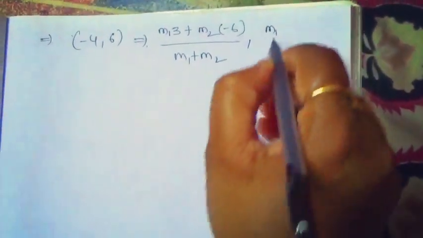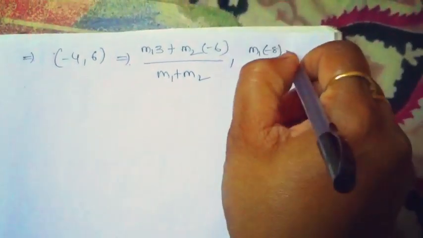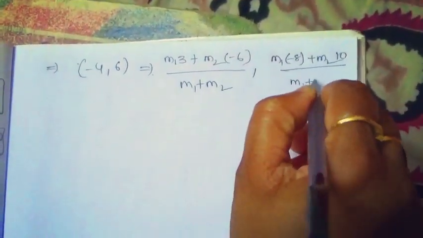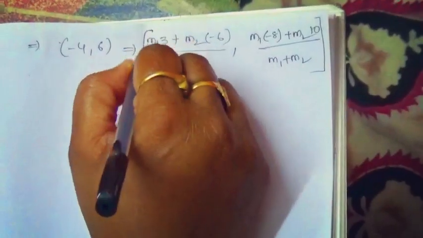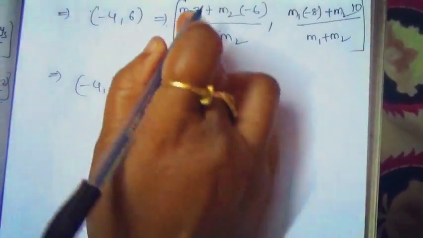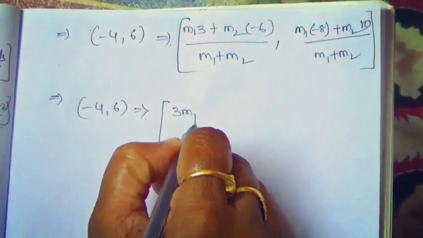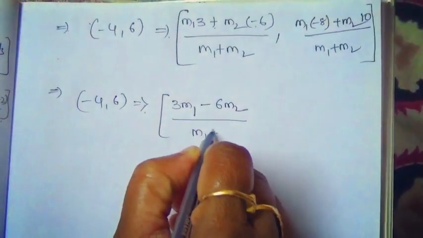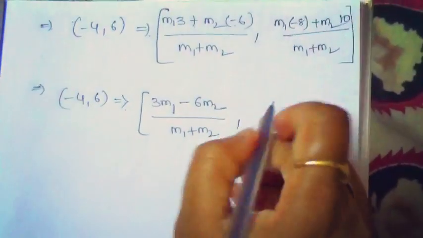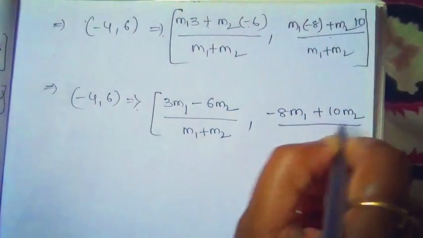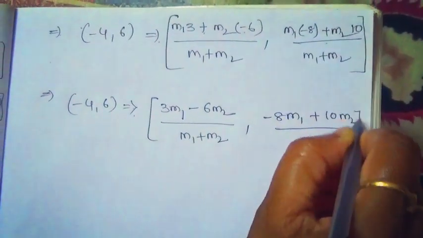Just like this you have to write the y coordinate also: y2 is minus 8, plus m2, y1 is 10, by m1 plus m2. Here it was minus 4, 6, that is equal to 3m1 minus 6m2 by m1 plus m2 comma minus 8m1 plus 10m2 by m1 plus m2.